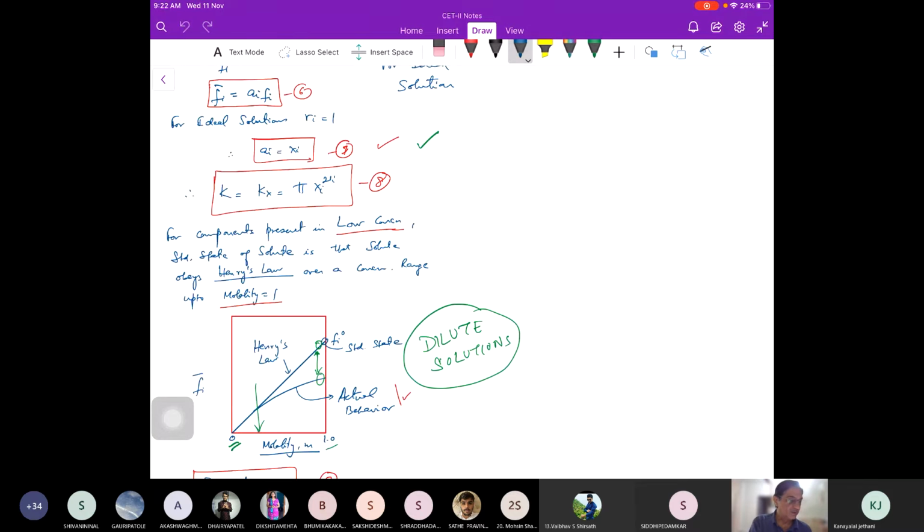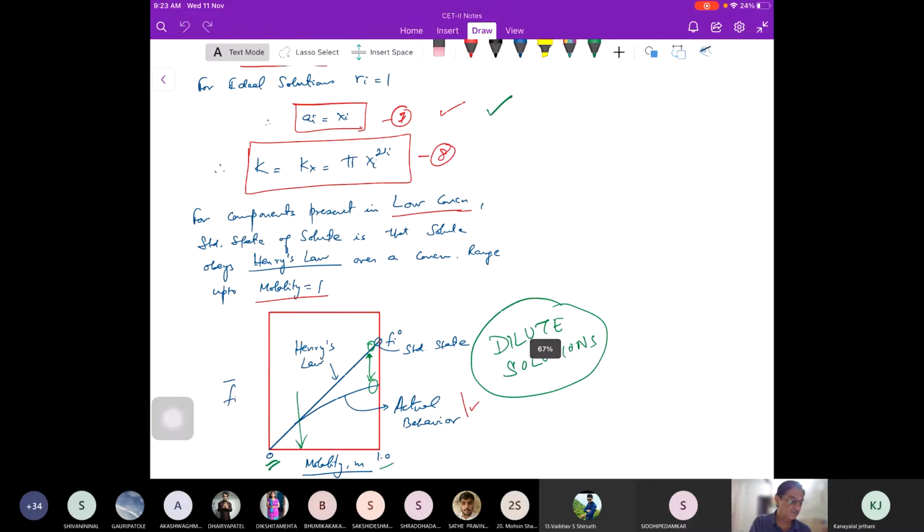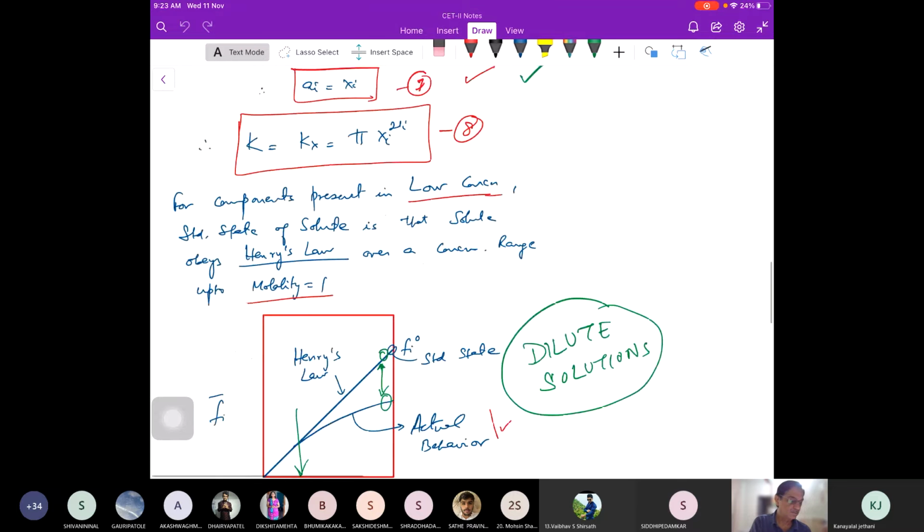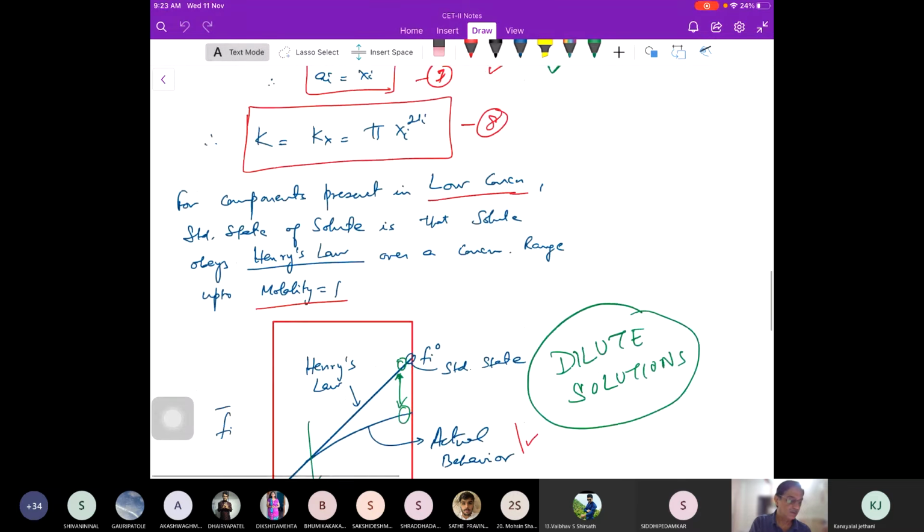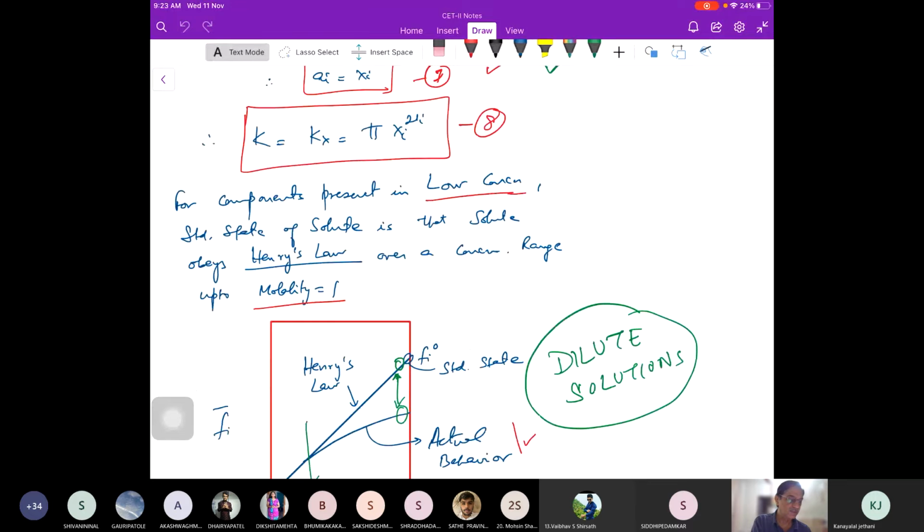Okay, so this is what it was actually. We derived this last time. K is equal to Kx is equal to product of xi raised to power of nu i. This is what you have to use. We are talking about a liquid phase reaction, so this is the equation we need to use, not the other one.